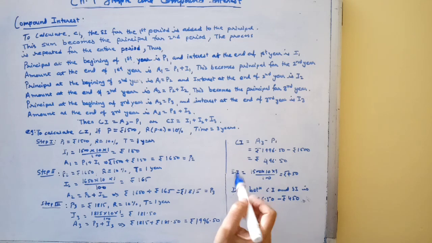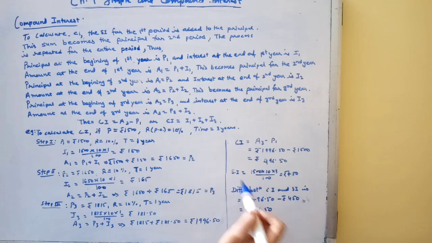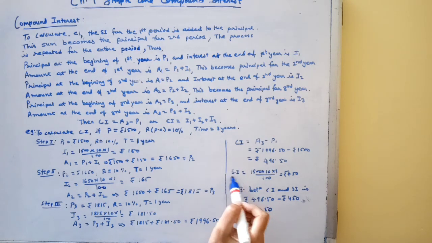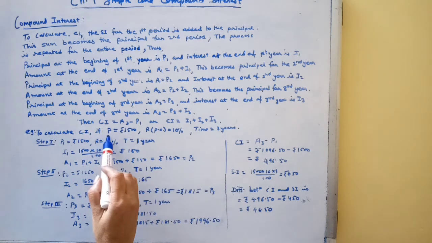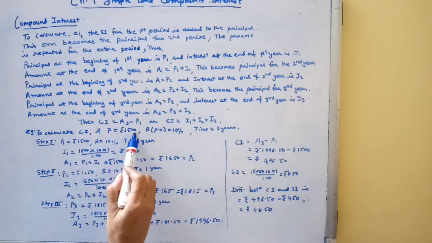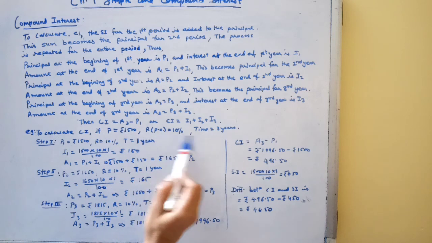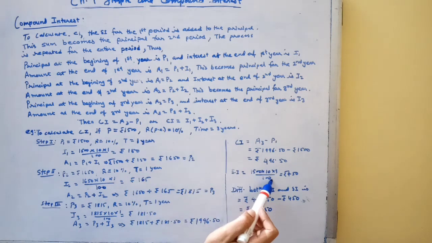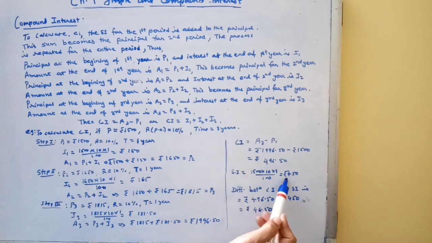Now if you want to find the difference between compound interest and simple interest, we first calculate the simple interest using the principal rupees 1500, rate per annum 10%, and time 3 years, that is PRT upon 100. We will get simple interest as rupees 450.